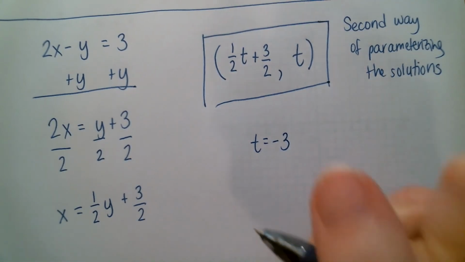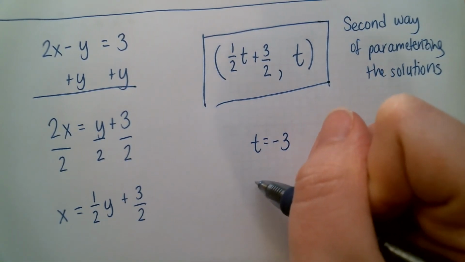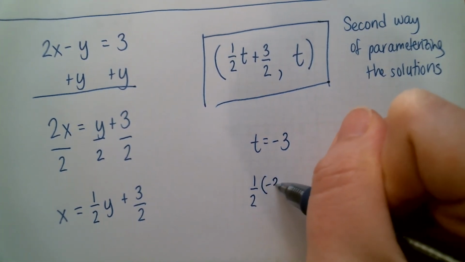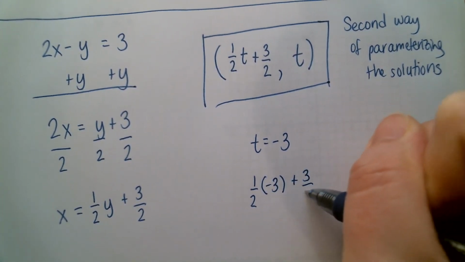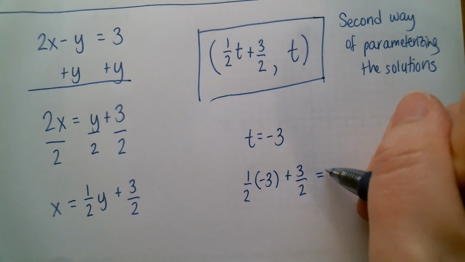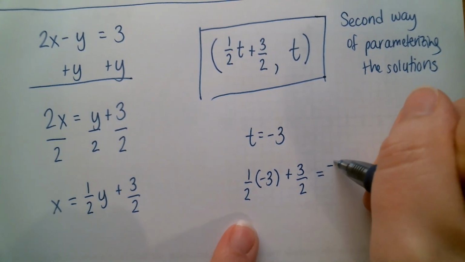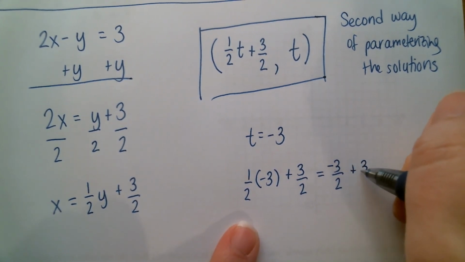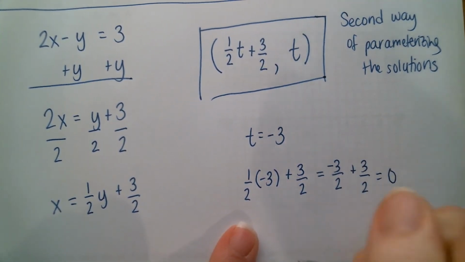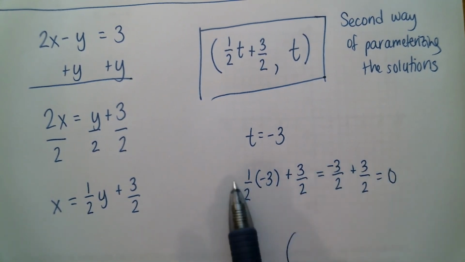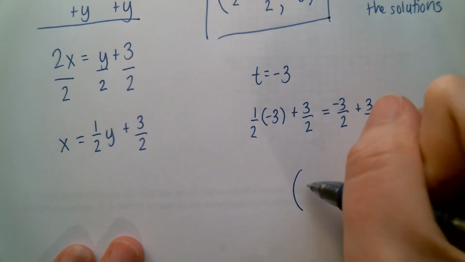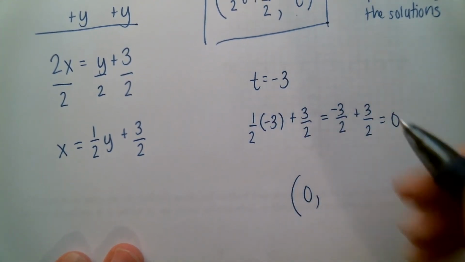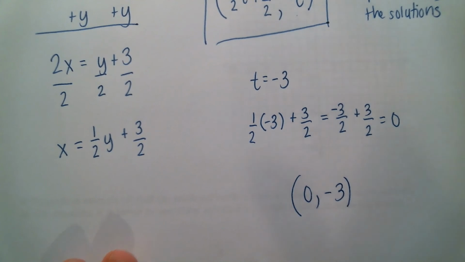Then I would just plug it in. I would get 1/2 times -3 plus 3/2. 1/2 times -3 is -3/2, plus 3/2, that gives me 0. Remember, this was the first coordinate, or the x-coordinate, the point 0, and then t is the y-coordinate in this case. So (0, -3) is on the line.